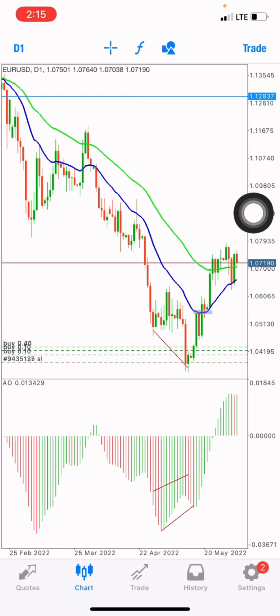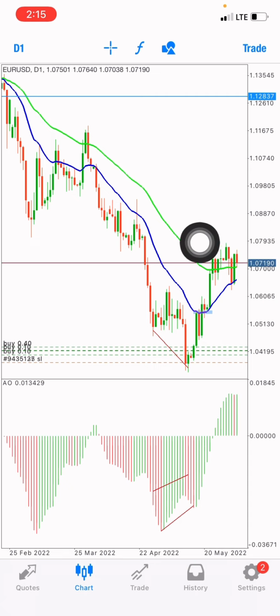I'm using the blue EMA, which is 21, and the 50 EMA, which is green. EMA stands for exponential moving average, so it reacts fast to price changes. I want this to cross so I'll know that this is a solid uptrend.